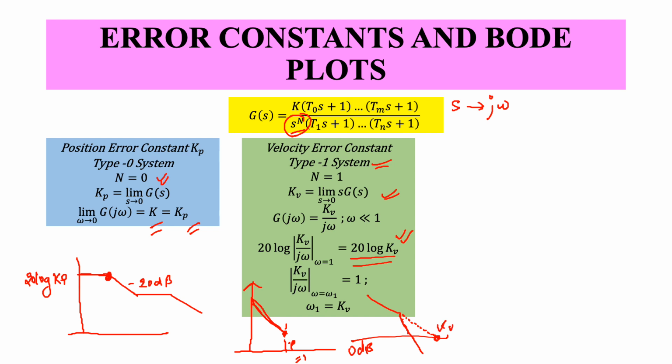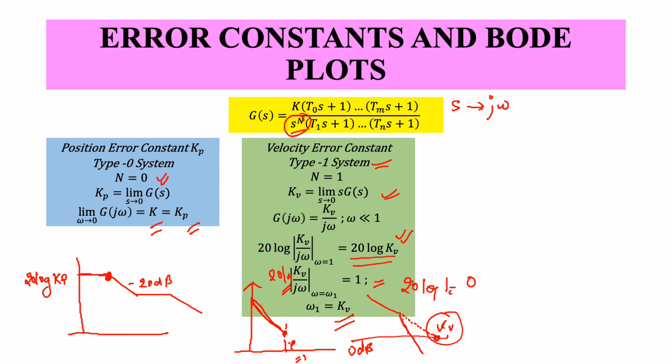I will put Kv by j omega equal to 1, so 20 log 1 is 0. So at omega equals 1, I will get my Kv. And this K is essentially my Kv.